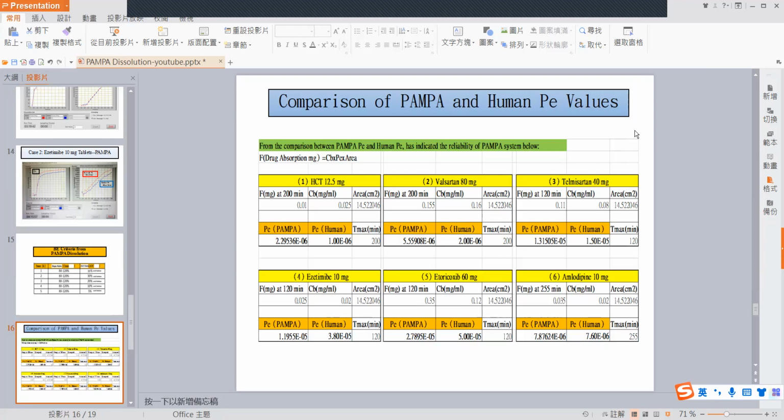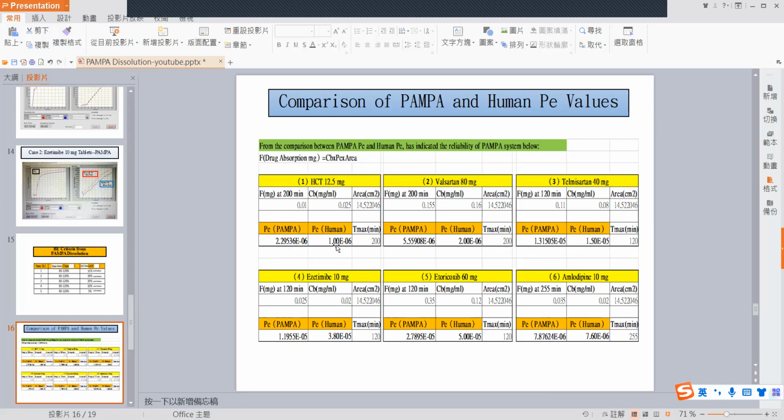As far as clearing the difference between the PAMPA and the human Peff values, here we point out 6 cases of drugs. As you can see, these drugs have different strains and definitely different BCS classes, right? In the hydrochlorothiazide case, we have this measurement value via PAMPA, and this is the clinical literature data.